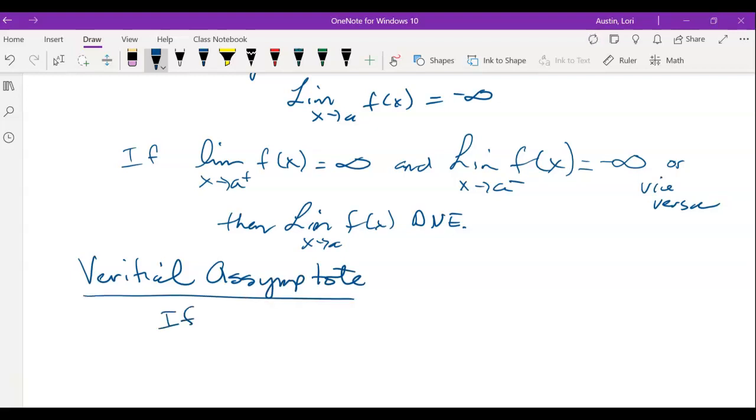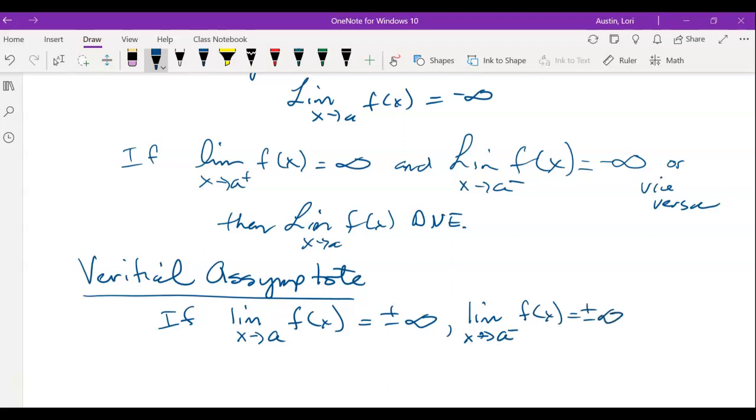And here we just say if the limit as x goes to a of f of x equals either positive or negative infinity, or the limit as x goes to a from the left equals positive or negative infinity, or the limit as x goes to a from the right.